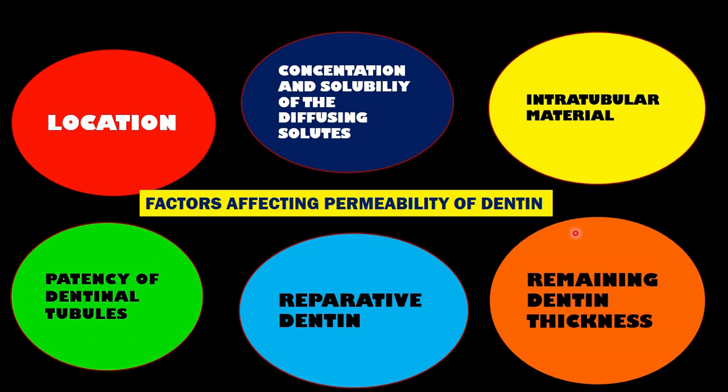So an effective remaining dentin thickness of 2 mm, surprisingly, provides an insulating barrier against almost all the techniques and restorative materials. And even it has been shown that 0.5 mm thickness of dentin reduces the toxicity level of the material by 75% and 1 mm thickness by about 90%. So this is the significance of the remaining dentin thickness.